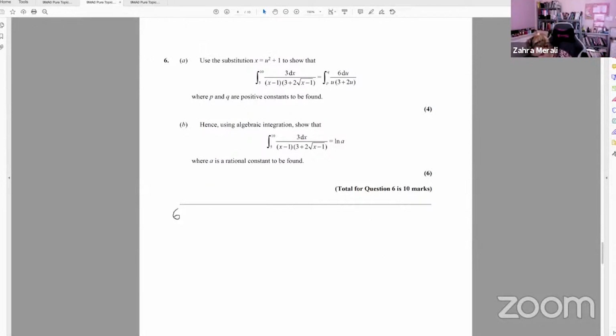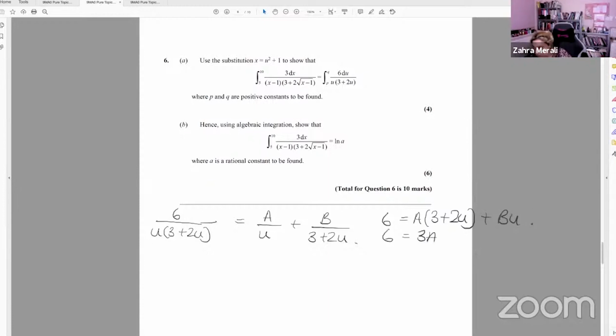So now we've got 6 over u(3 plus 2u). Our first step is to rewrite that as a over u plus b over 3 plus 2u, which gives us 6 equals a multiplied by 3 plus 2u plus bu. And I can say u equals 0, so 6 equals 3a, so a equals 2.